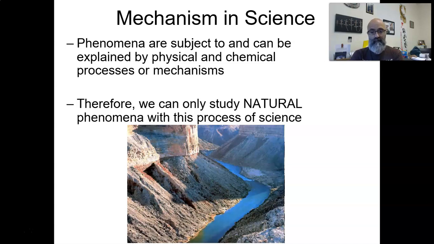Okay, so we need to be able to understand and explain how something happens, right? The example here in this picture is how the Grand Canyon was formed. The mechanism there is as simple as erosion. It is water moving and picking up the stone and then grinding down other stone, right?